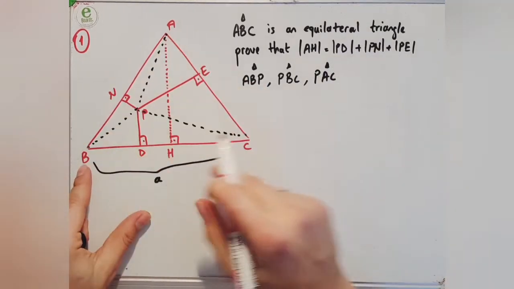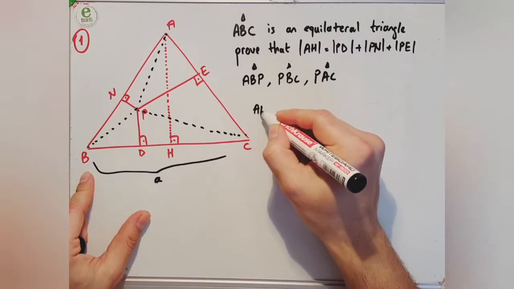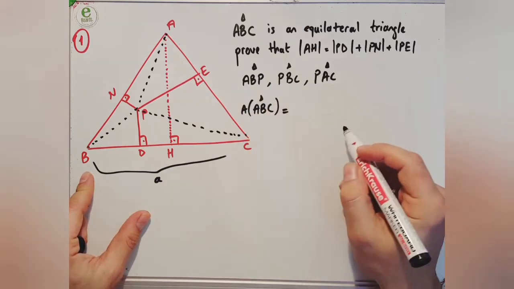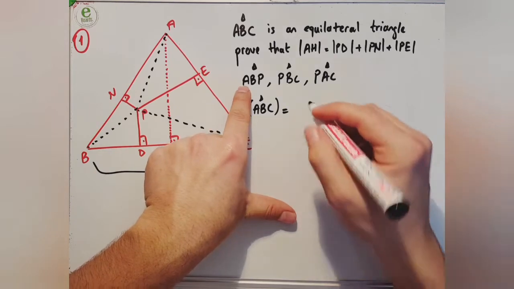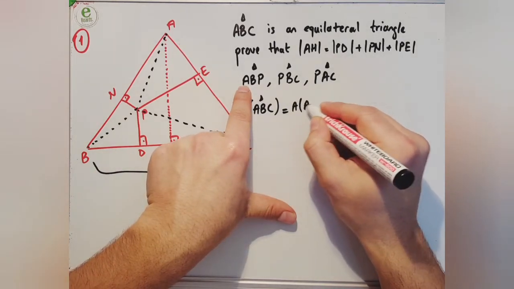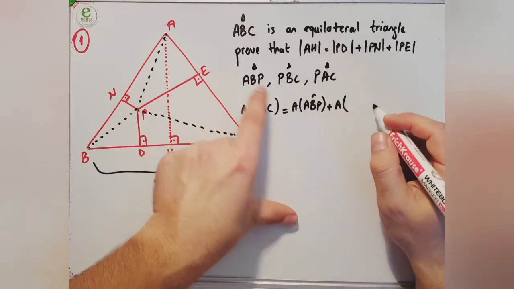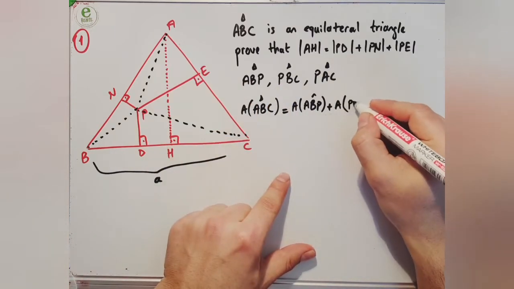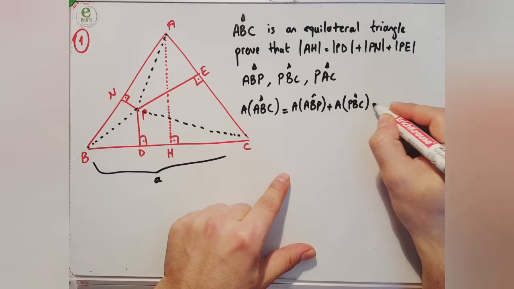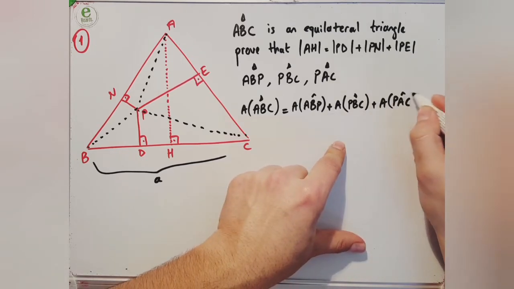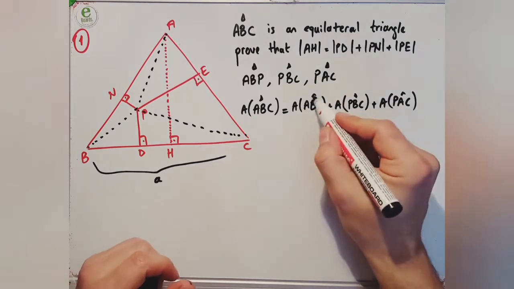And the area of triangle ABC is equal to the area of ABP plus the area of PBC and the area of PAC.